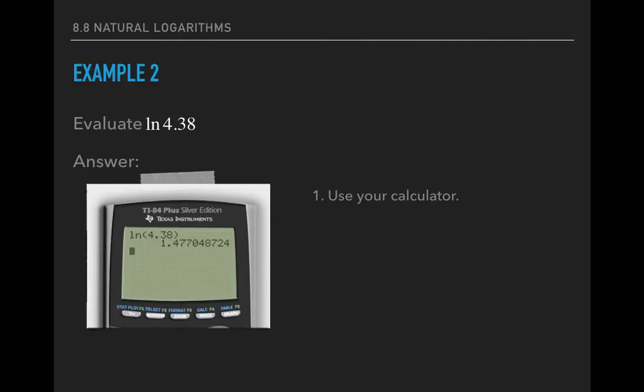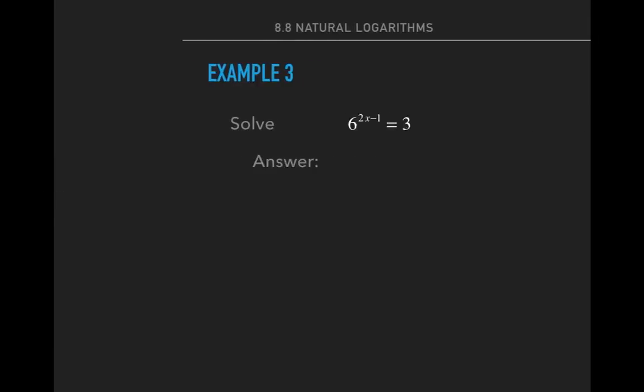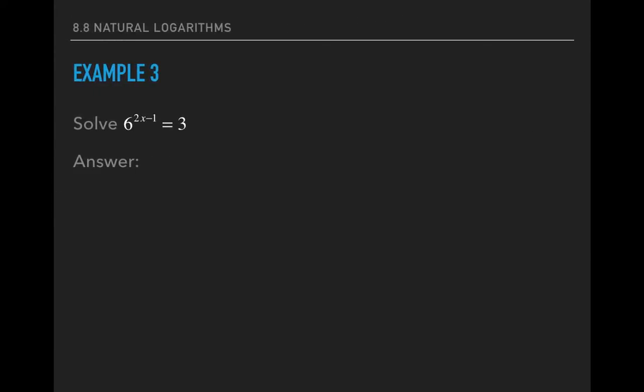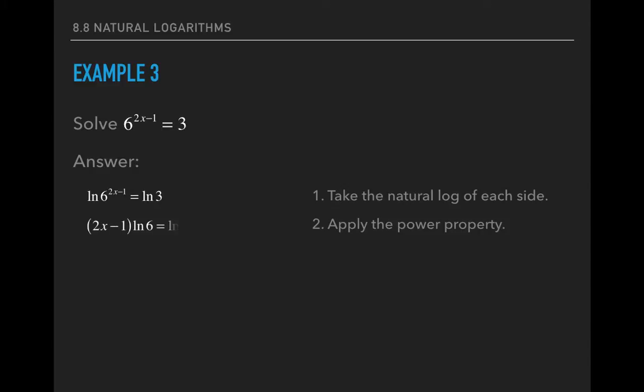Let's look now at example 3. In this example, we're asked to solve 6 raised to the power of 2x minus 1 equals 3. To solve this, you could take different approaches, but I want to show you this strategy. Take the natural log of each side. Then apply that power property. So the 2x minus 1 is now being multiplied by ln 6.